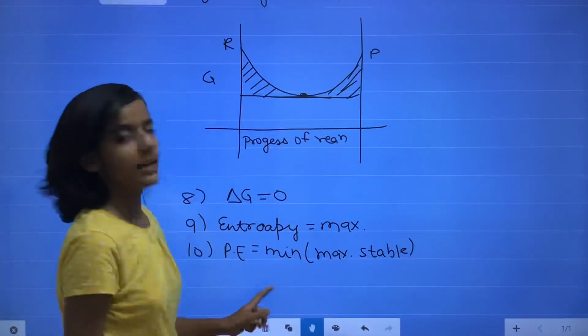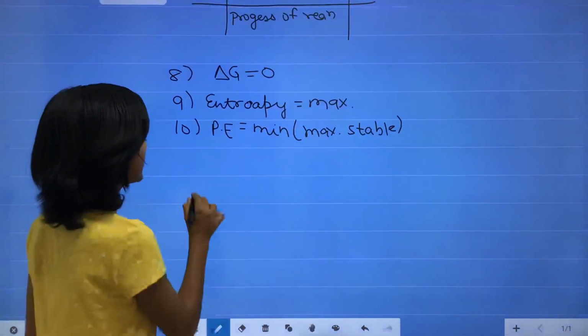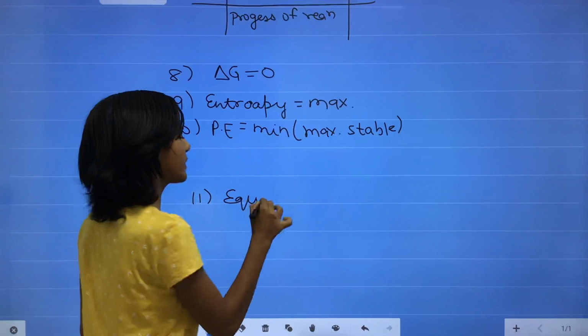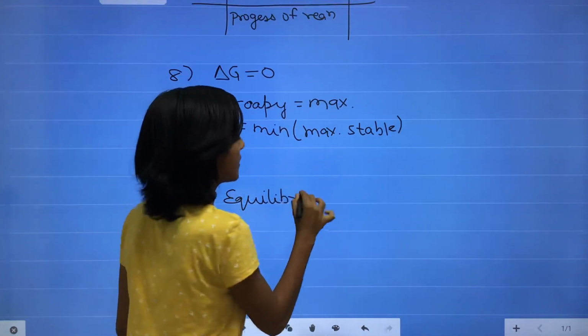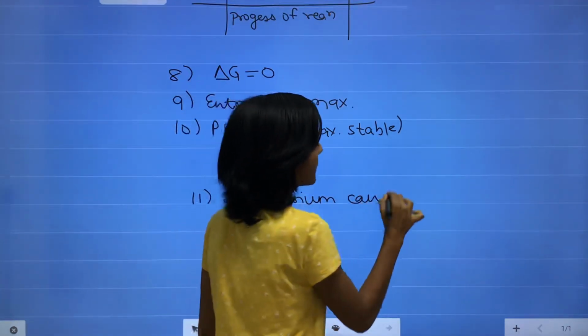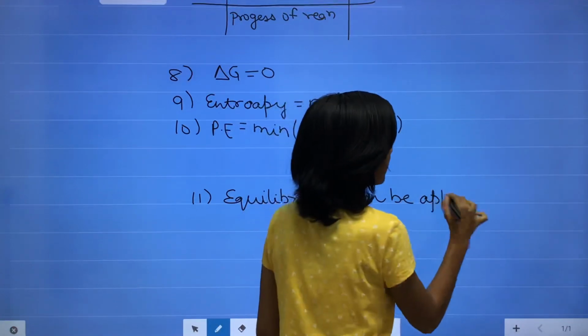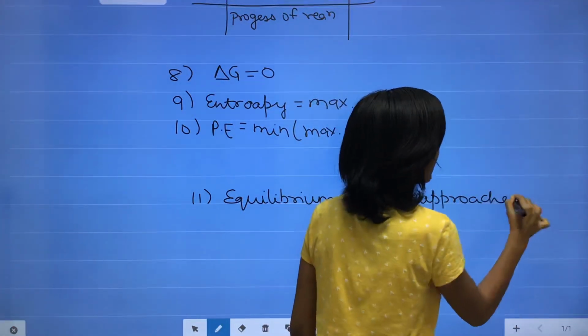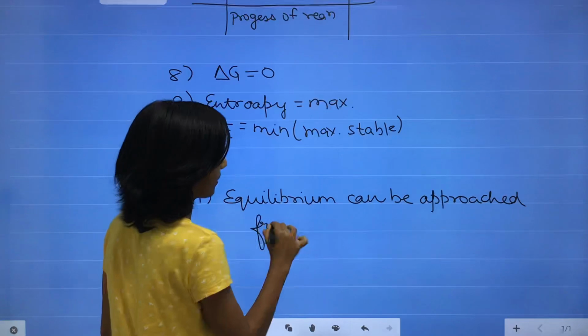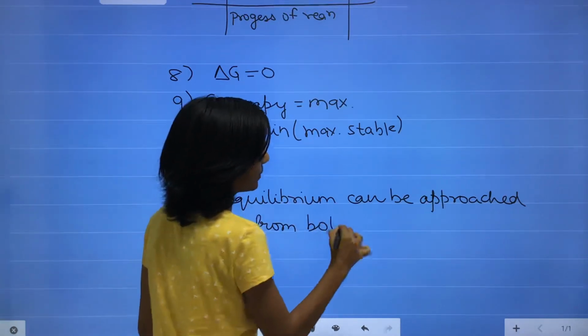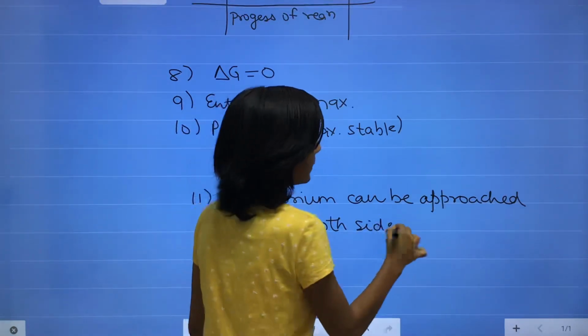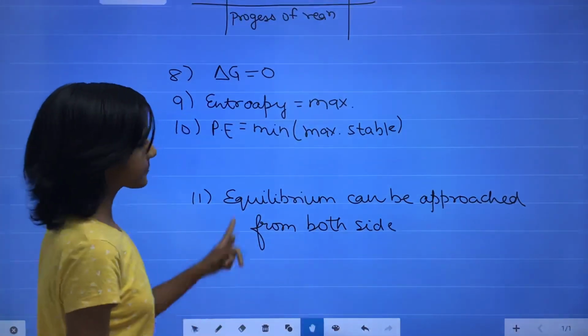And the 11th point is that equilibrium can be approached from both sides. We can show this by a graph also.